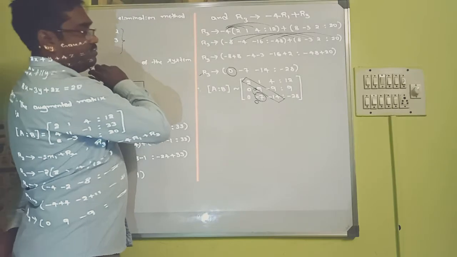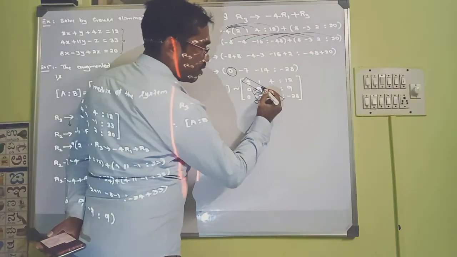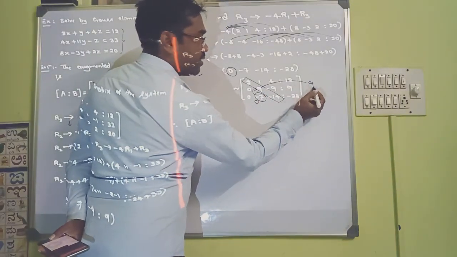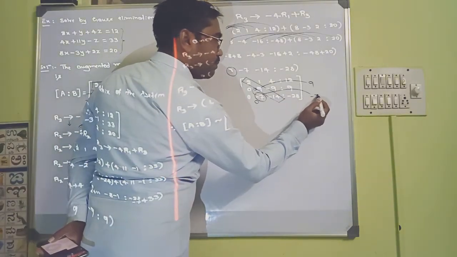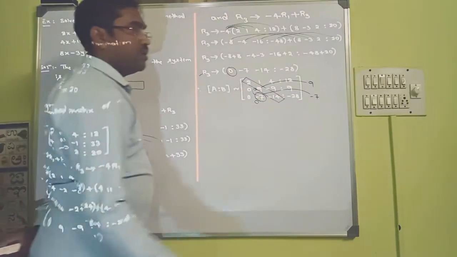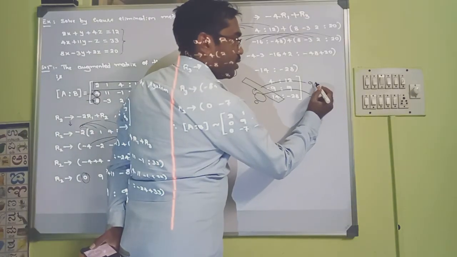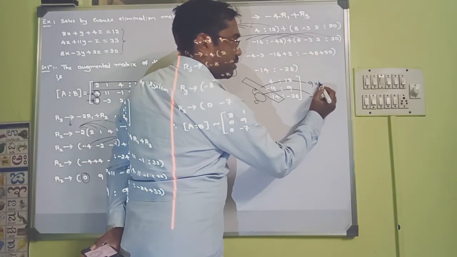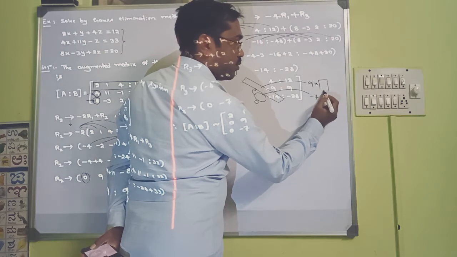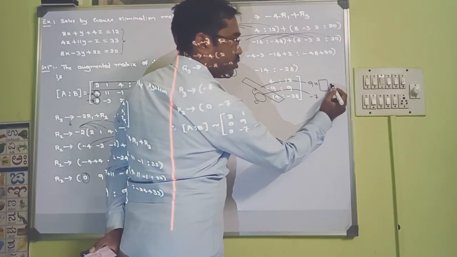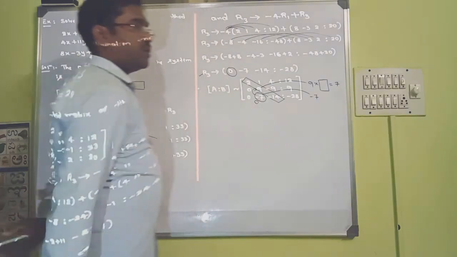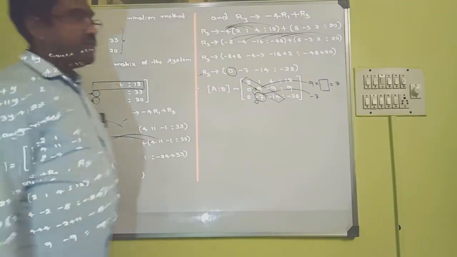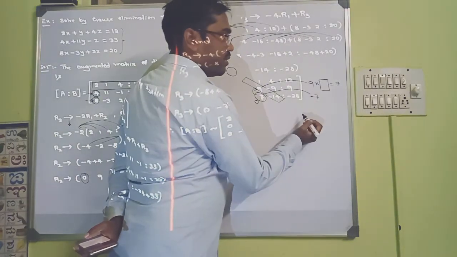Let us make, so what we have: 9, here we have minus 7. Now with what number I need to multiply with 9 so that I get plus 7 here? What is that number?